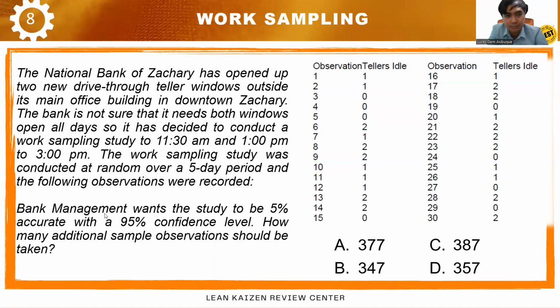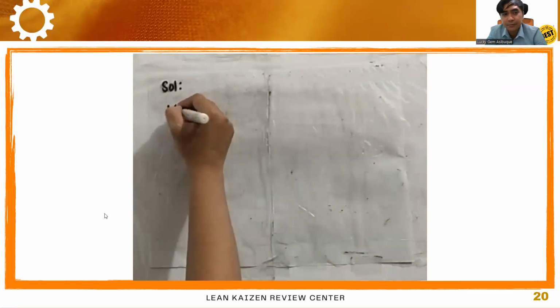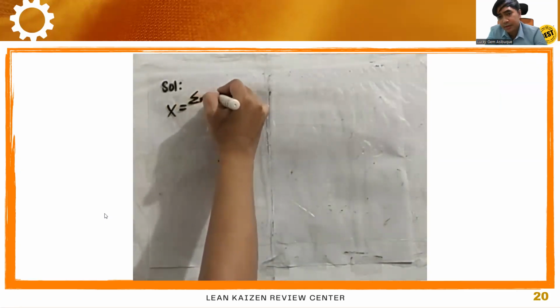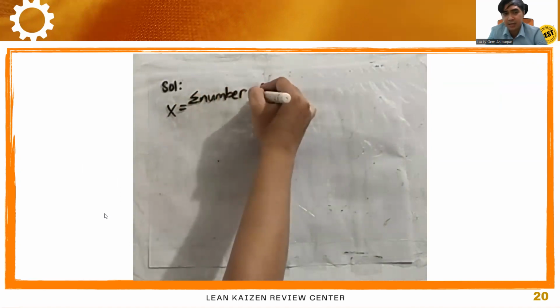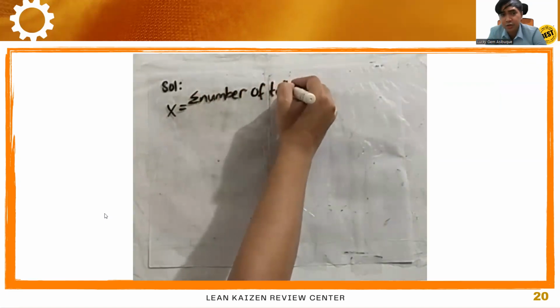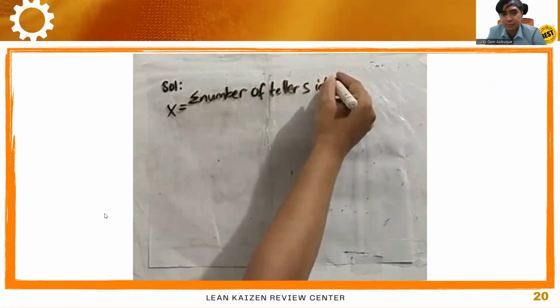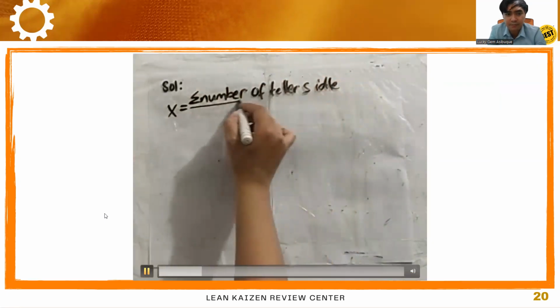So how do we solve this? Of course, using the formula of the sample size again. Okay, for the solution, first we should get the mean or the average of the data. So we get the summation of the number of tellers idle. Why do we get that?